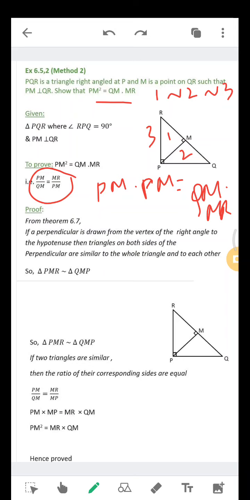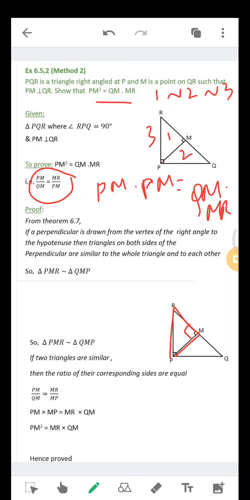So I can say here that triangle PMR is similar to QMP, but here you have to name this carefully. You should keep it in mind: PMR, where is the right angle coming in this?